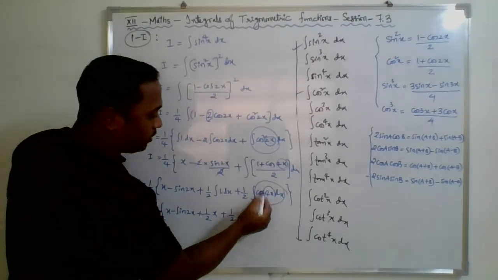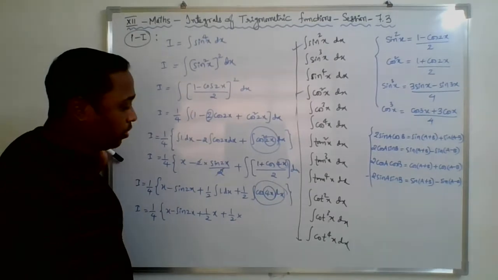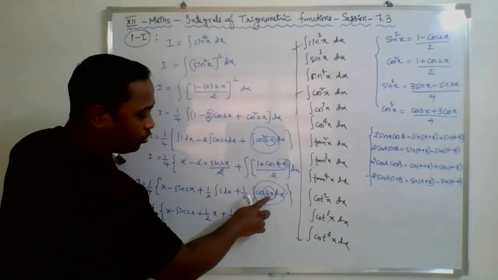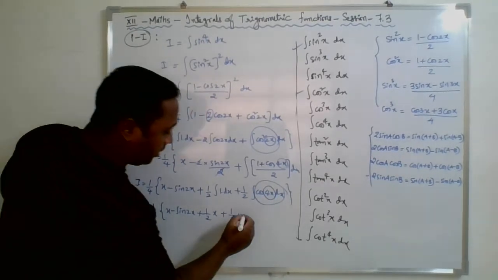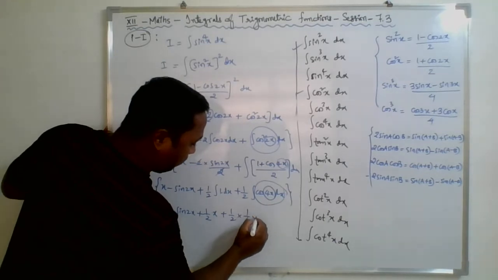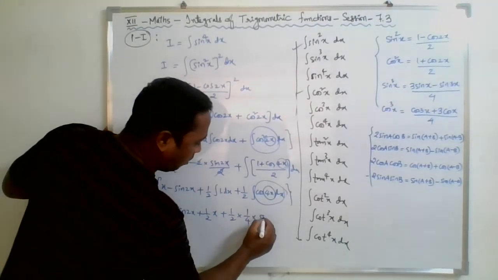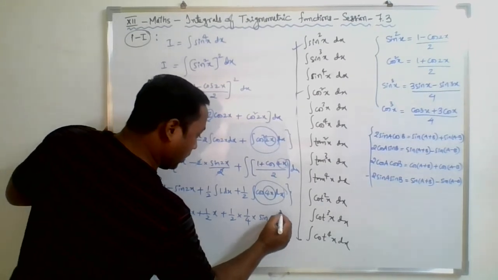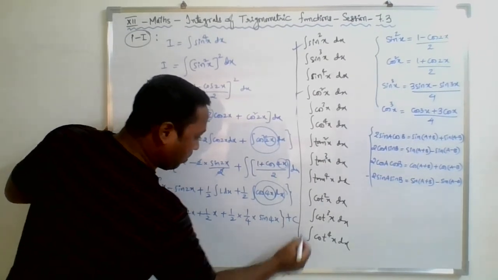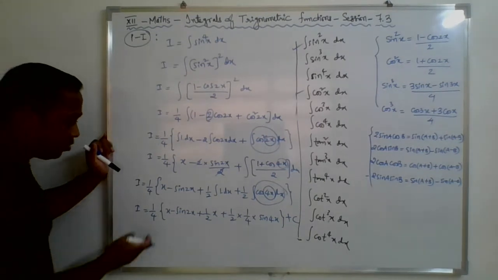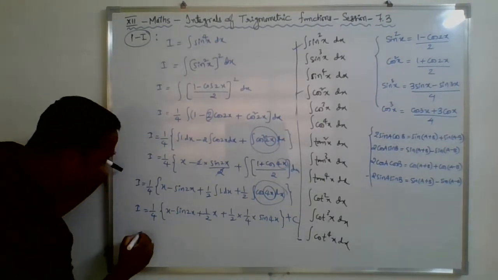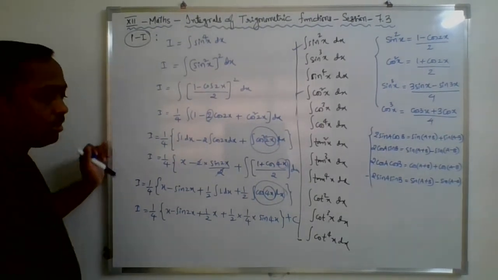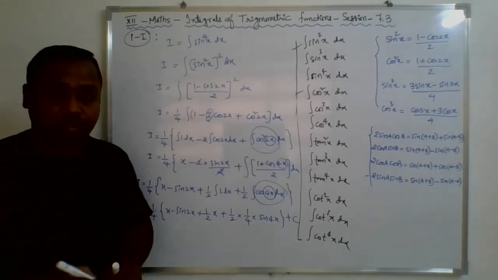Here, you substitute 4x as t, and whatever the x coefficient is will come in the denominator, that is 1 by 4, and the integral of cos theta is sin theta. That's it, and whatever, plus c then. So multiply by 1 by 4 and you will get the final answer. That will be the answer of this question.